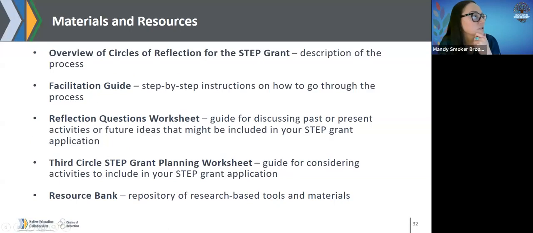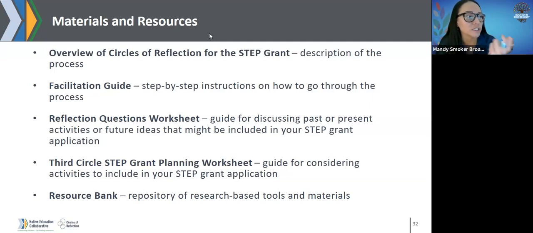Great. So we're just going to quickly point out that we have modified the larger version of circles that Amy just walked through, at the request of the Office of Indian Education, as a tool and resource for applicants in the new STEP grant cycle. Same basic gist as before. We have an overview and a facilitation guide, and again, as Amy said, knowing that this might be someone from the tribe specifically who is both leading and facilitating, so taking that into consideration.